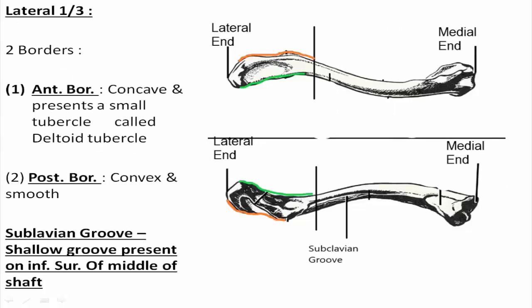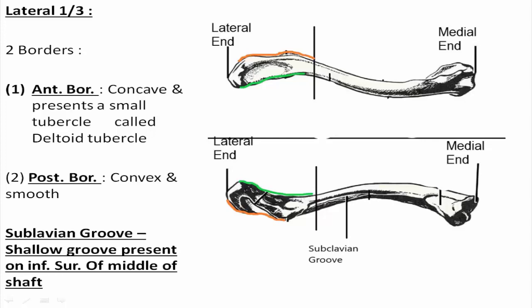Now about the lateral 1/3. Lateral 1/3 part of the clavicle has two borders and two surfaces. Anterior border of the lateral 1/3 is concave and it presents a small tubercle which is called deltoid tubercle. Here in this figure, we draw the green line which indicates the anterior border.